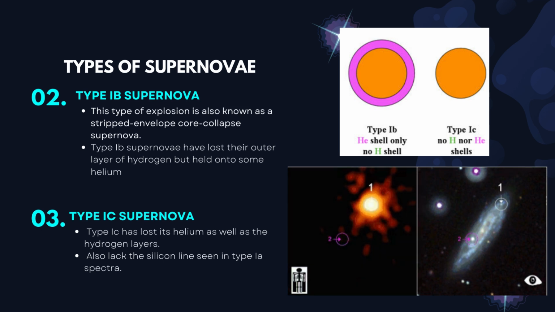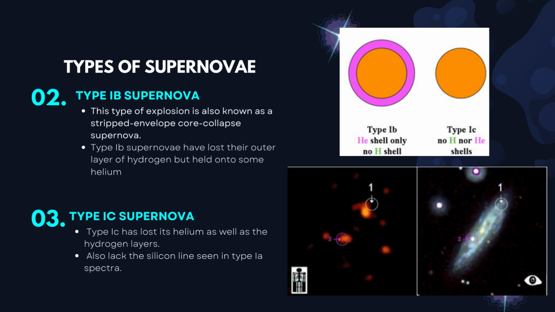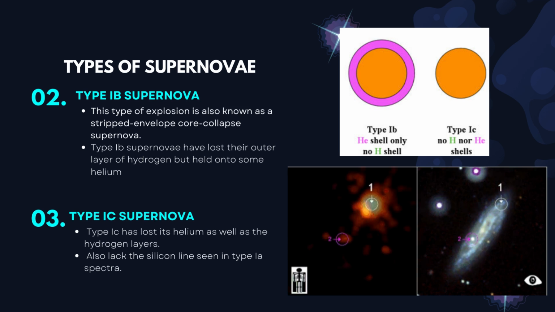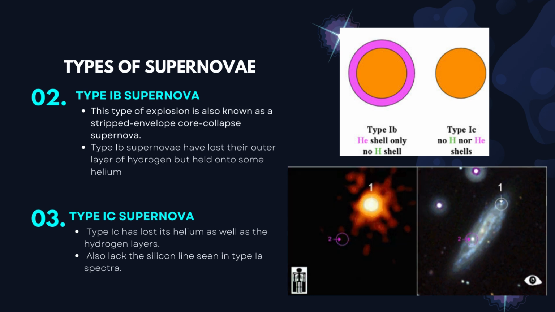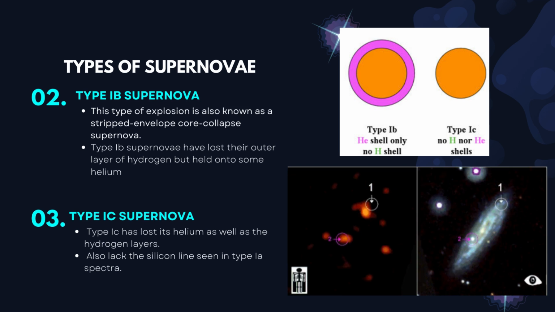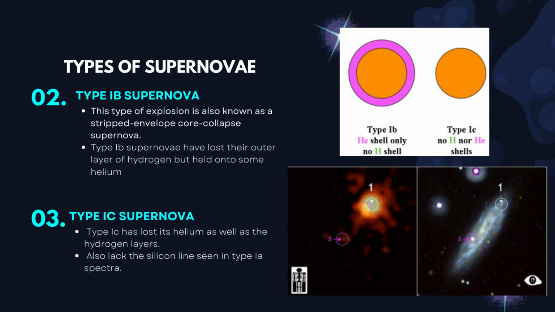Type Ic supernovae occur when a massive star explodes after losing both its hydrogen and helium layers. These supernovae are similar to type Ib but are distinguished by the complete absence of helium in their spectra. Additionally, type Ic supernovae lack the silicon line seen in type Ia spectra.